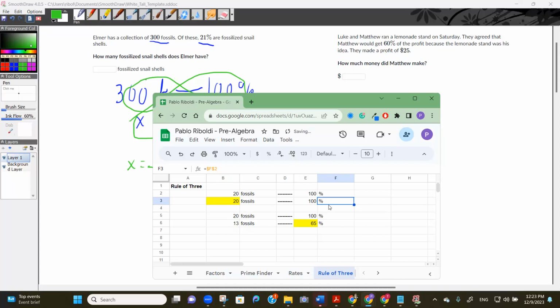So the whole spreadsheet changes that way, and we put the information that we have. We have 300 fossils is 100%, and we know that now we have 21% here. And so it actually calculates how many fossils represent 21%. So that is a useful way of doing that.